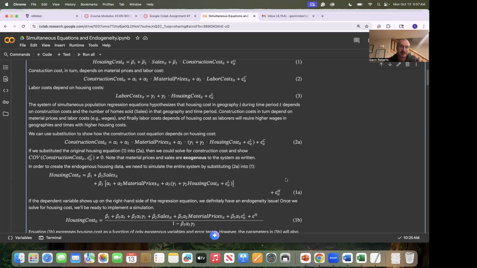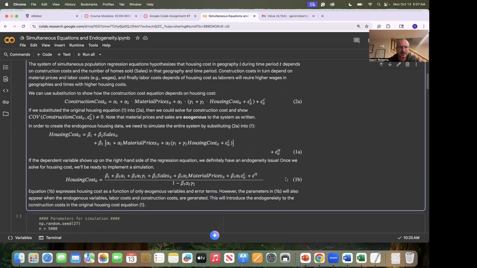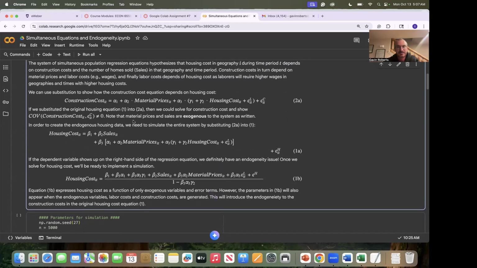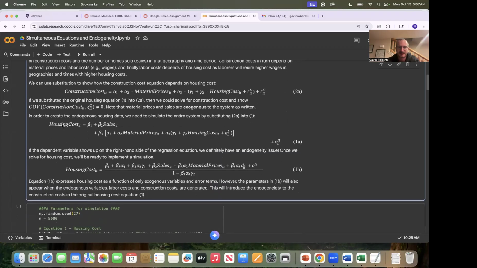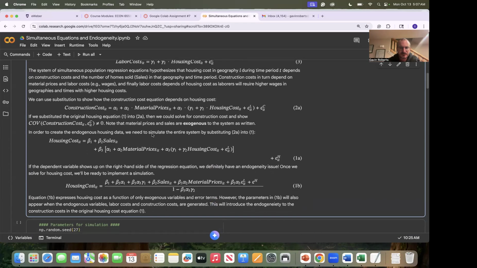And that's going to be pretty apparent, like that's going to lead to an endogeneity issue, certainly. We could really explicitly show that that leads to an endogeneity issue, making this substitution where now housing cost is a function of housing cost. Now notice that when housing cost is higher, that causes housing costs to be higher.